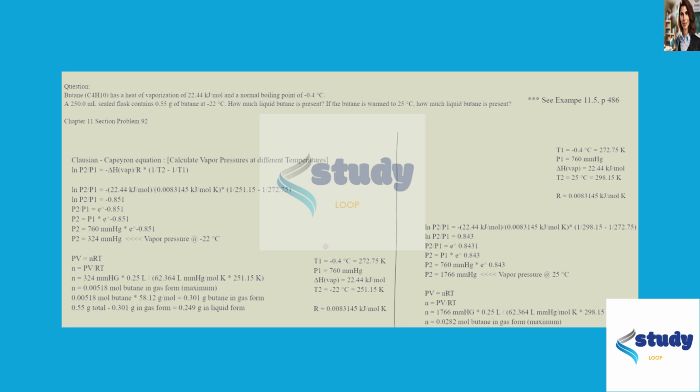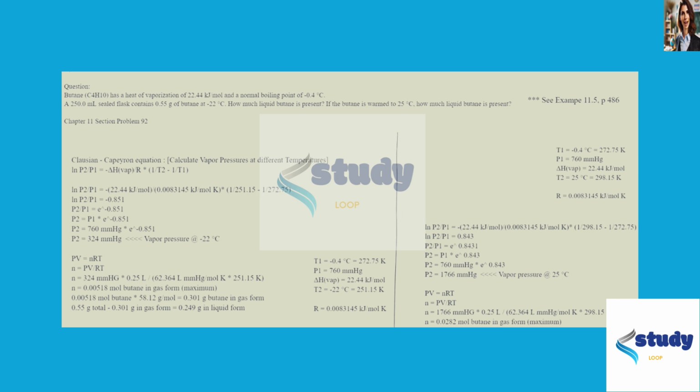Whenever you're doing calculations and you have to plug in the temperature, you have to convert that to Kelvin. So minus 0.4 plus 273.15 is going to give you 272.75. So that's our T1. Our P1, the normal pressure, is just atmospheric pressure, so that's 760 millimeters of mercury.